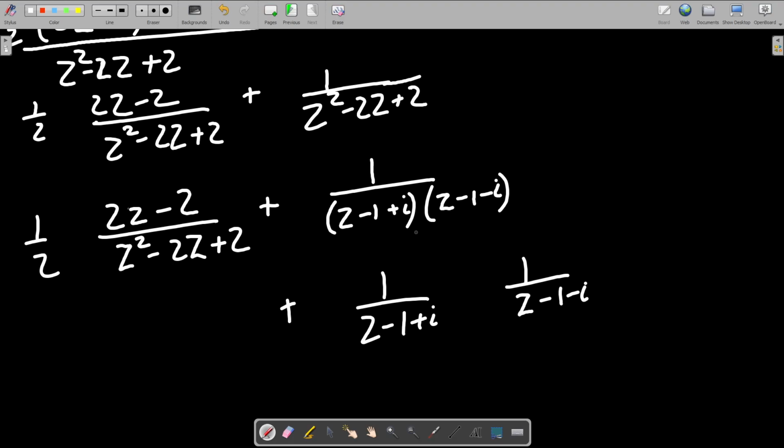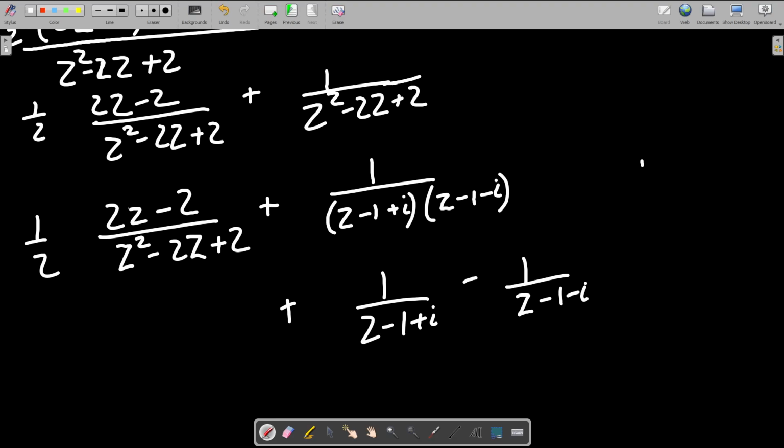So if you cross multiply, you'll get the denominator. Now if you take this on top, this term going on top here will give you z minus 1 minus i, and this term going up here, I'll have to put a minus sign in between, so this will become minus z plus 1 and minus i.